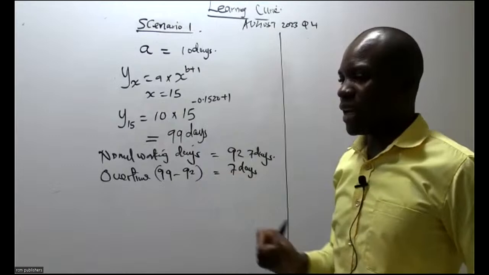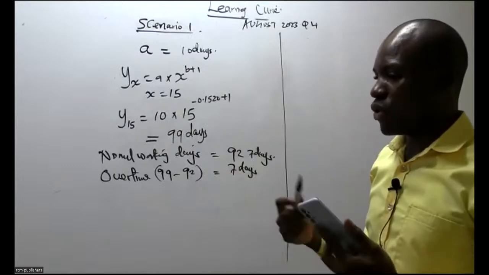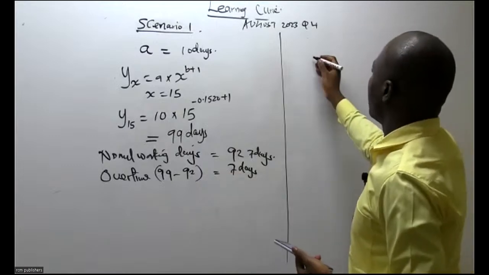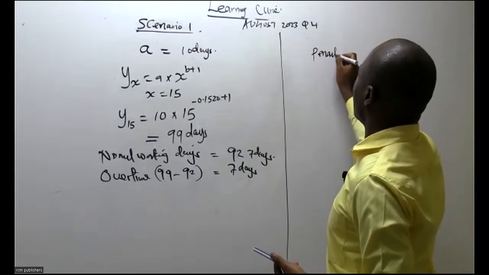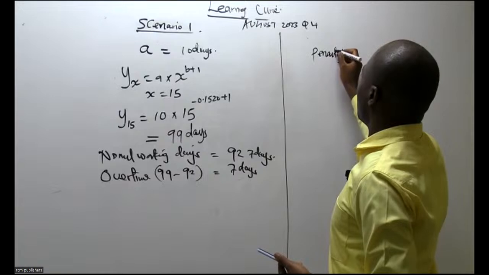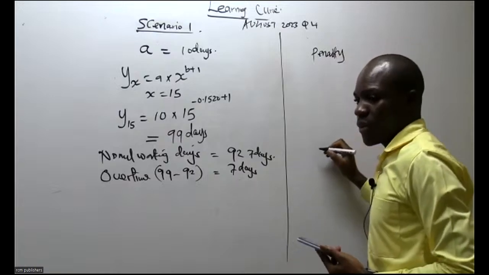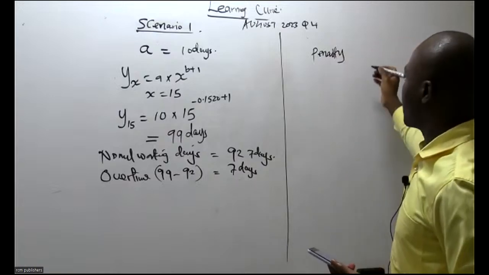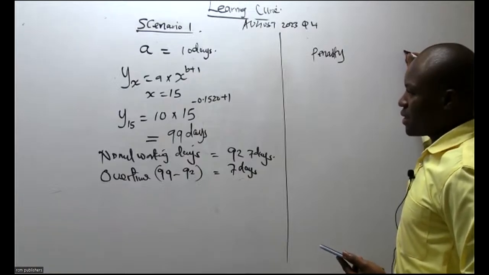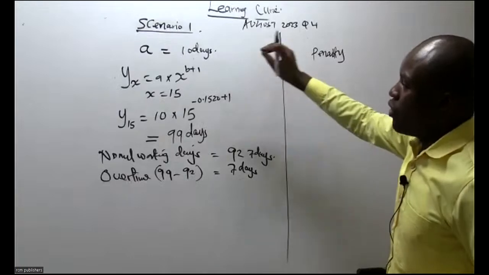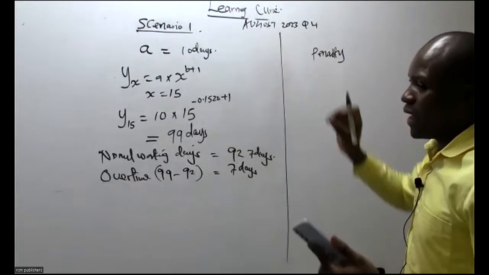So what will be the penalty? The cost of producing these buses. Are we able to see the penalty? Per bus. Under this scenario, you are only penalized if you deliver it late.